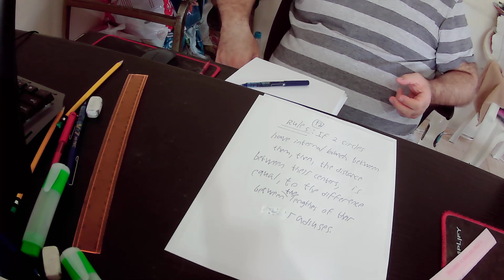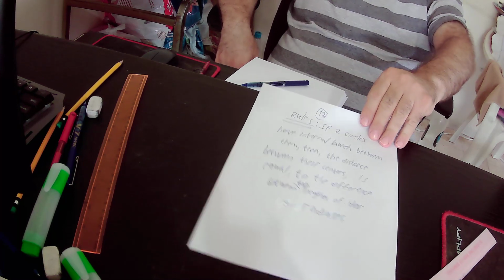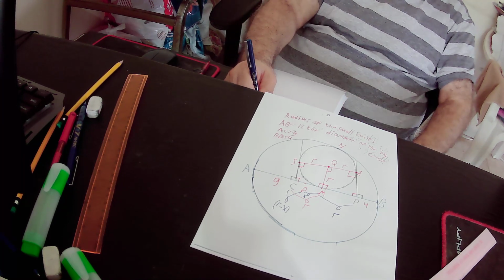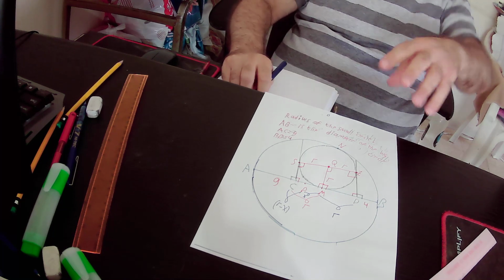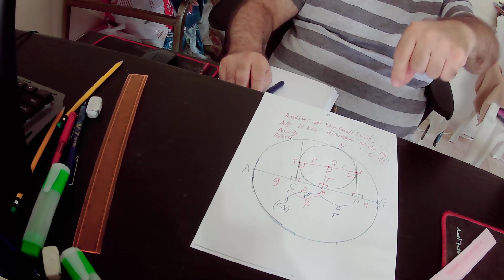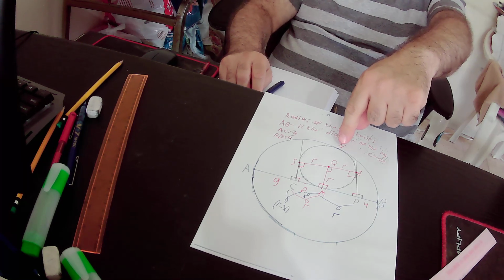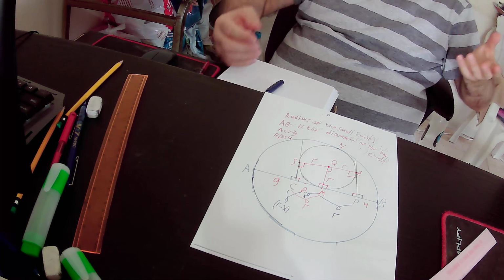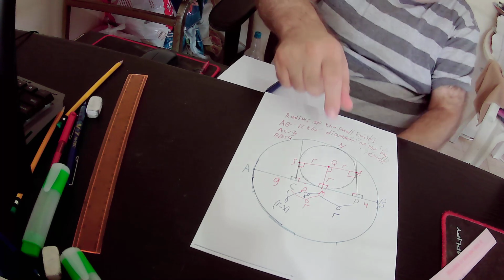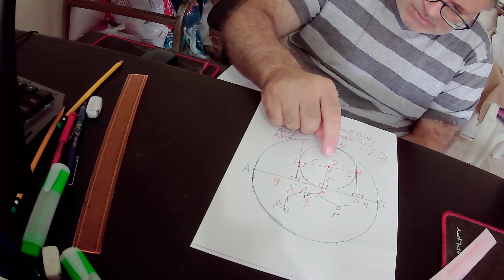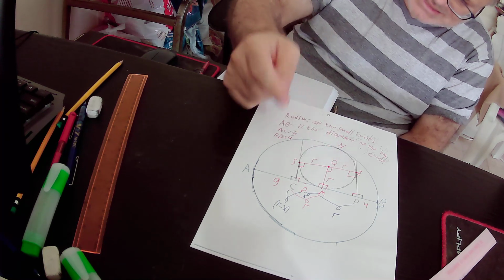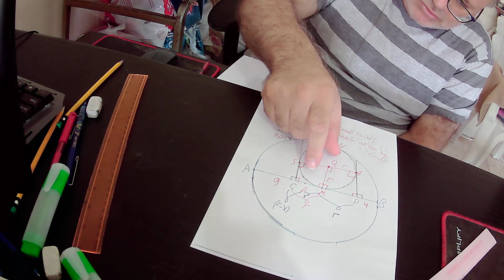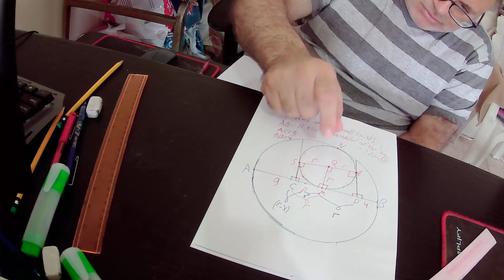Okay, so actually we can implement rule number 5 in our circles, because we have here two circles that have internal contact between them at point N. They touch each other internally at point N. Therefore, according to rule number 5, the distance between their centers, the center of the small circle is at point Q and the center of the big circle is at point P. So the distance between their centers is PQ.